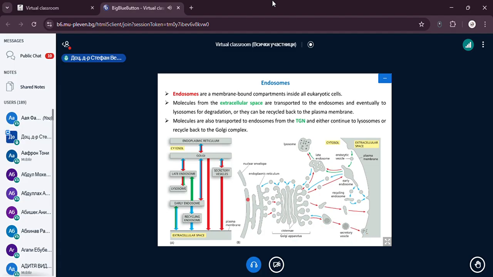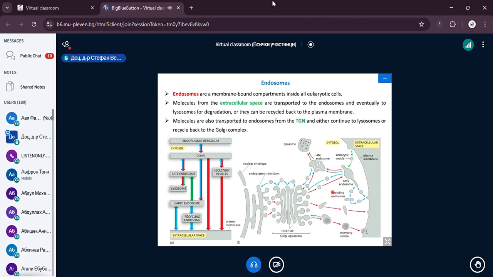So this diagram here shows the nuclear envelope, and here is the nuclear content. Then the endoplasmic reticulum, one dictyosome of the Golgi apparatus, the endosomes, and the plasma membrane, and here is the extracellular space. And endosomes are an intermediate between Golgi and the extracellular space and the inside of the cell.